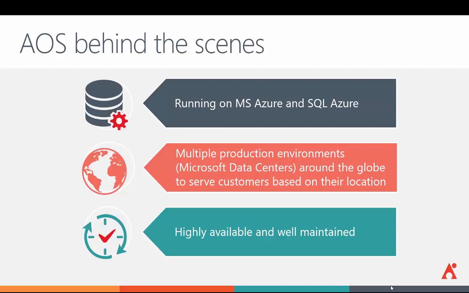But even more often than that, we put out functional updates. This could introduce brand new features into an existing service. So one day you could log into a service you've licensed and have all new functionality available for you. This also can include brand new service offerings. So keep an eye out for new things that roll out into AOS that may fill a different type of need.